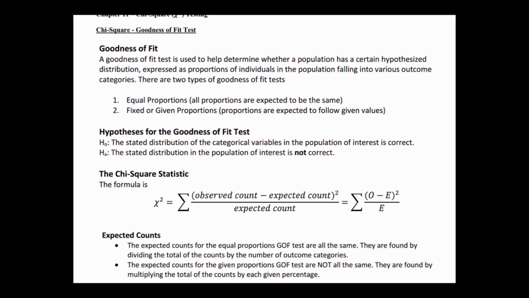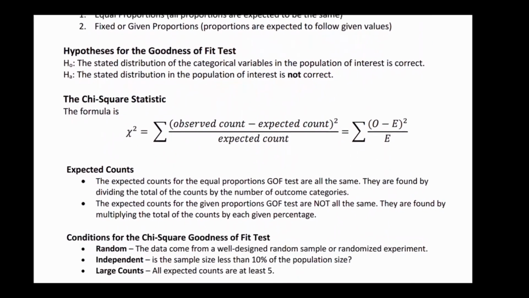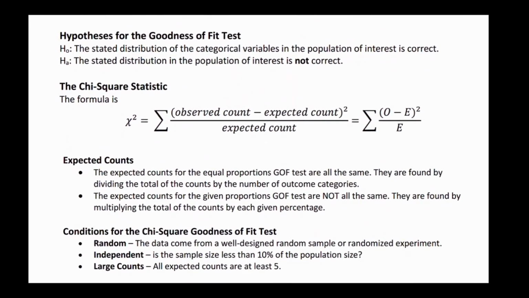The alternative will always be that the stated distribution in the population of interest is not correct. For chi-square, we almost always write out our hypotheses in words as opposed to symbols like we've done in the past.